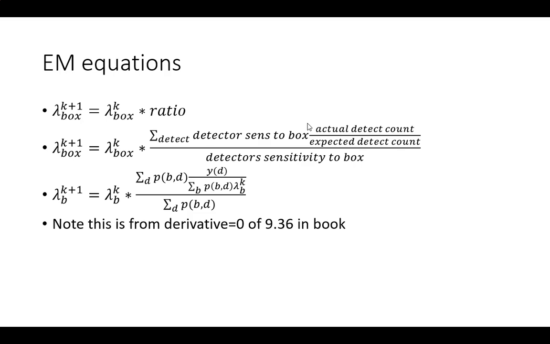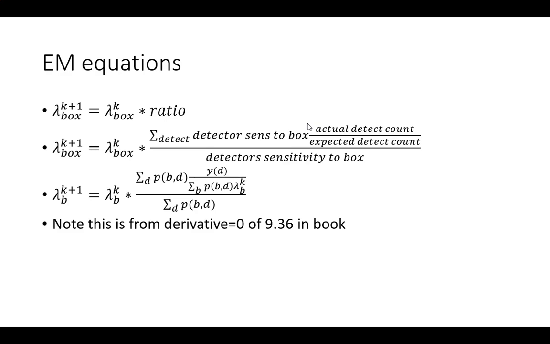So this gives you the format. This is the last equation there, showing it in the format we're going to be writing it as. We've got the probabilities, the lambda, and our y, which is what we actually measured.